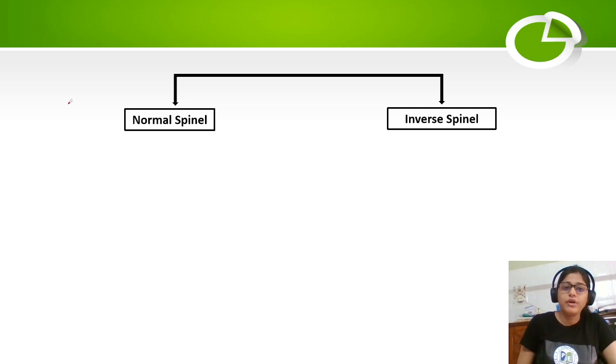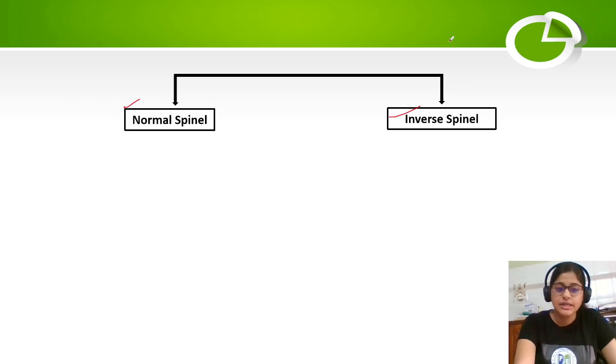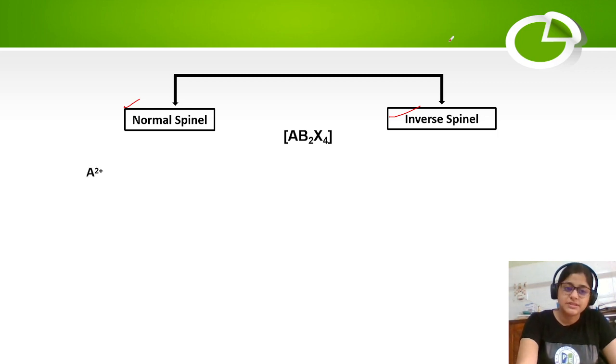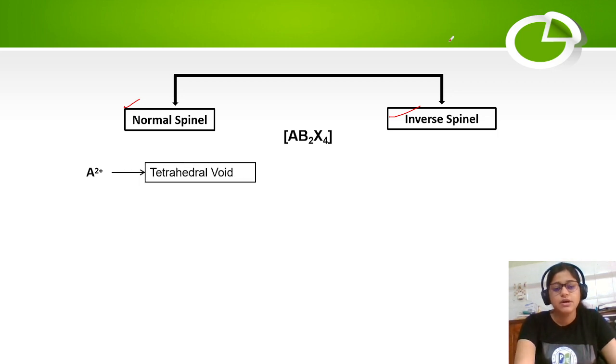And right now the more important thing is the normal and inverse. You have to find out which spinels are normal and which are inverse. Now, AB2X4, I have previously told you. For the case of normal spinel, A2+ will be in the tetrahedral void.